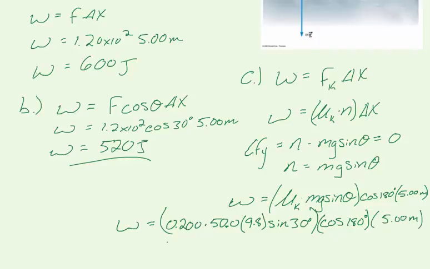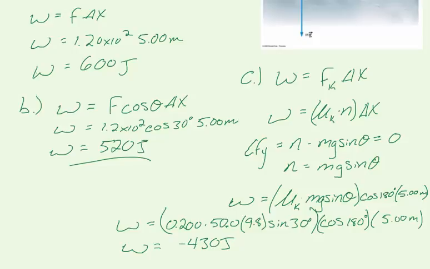And when we multiply this out, we'll see that the work done by the friction will be a negative 430 joules. And we should expect to have a negative value since our force of friction is being applied in the opposite direction.